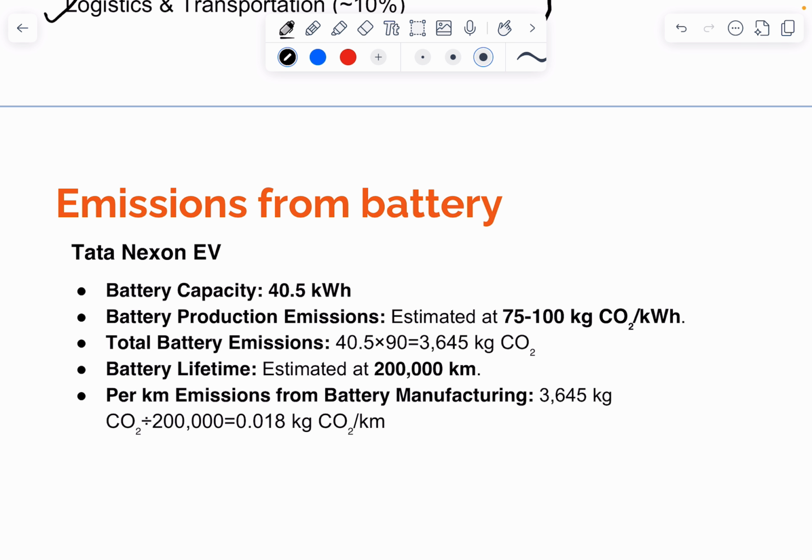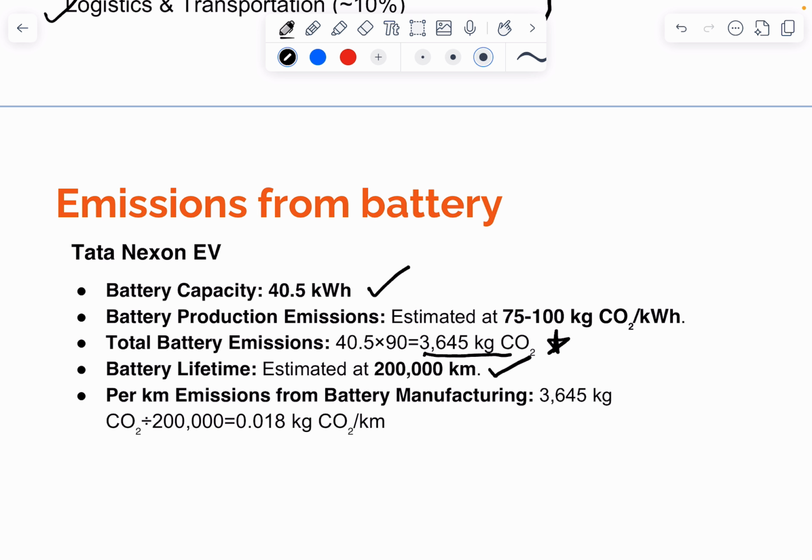As I said, when we talk about these specific numbers or this total number, we need to convert it into per kilometer. For that, not only the battery capacity is important, equally important is the battery lifetime.